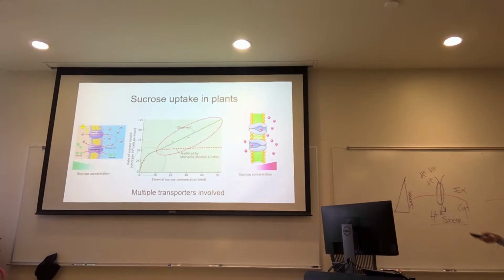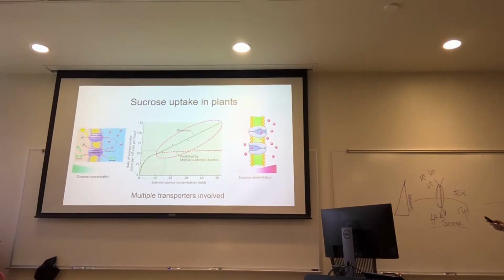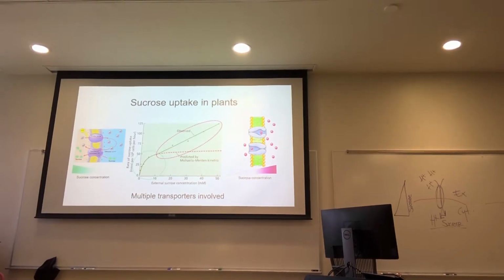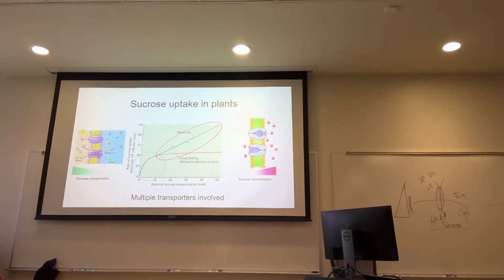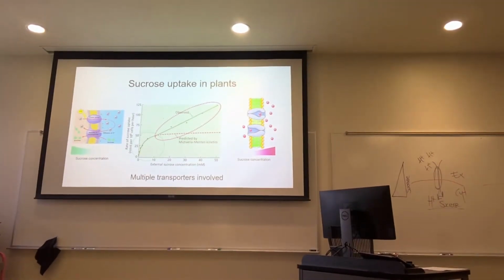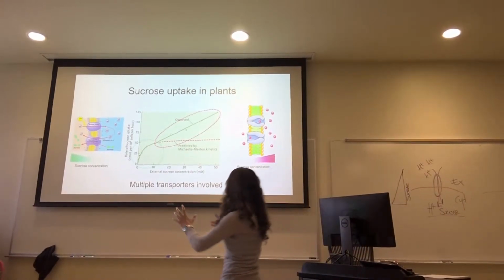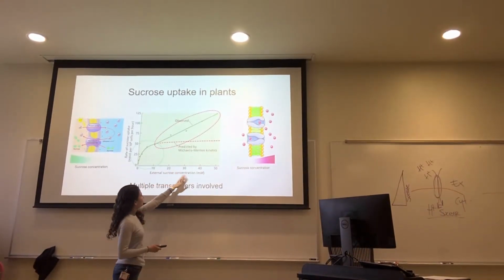it's not like you can never saturate it, but because this transporter relies a lot on the gradient and it has low affinity relative to the C porter, you can continue increasing the sucrose concentration and still this will continue. So uptake of sucrose in plants depends on sucrose concentration.